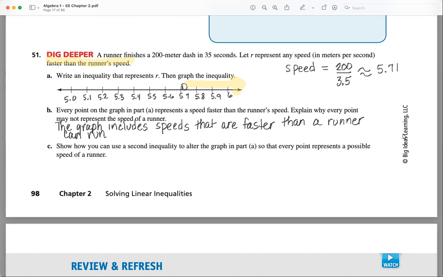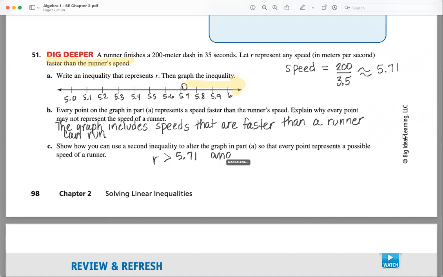Okay, show how you can use a second inequality to alter the graph in part A so that every point represents a possible speed of a runner. Well, we could have said, okay, so R greater than 5.71, right?